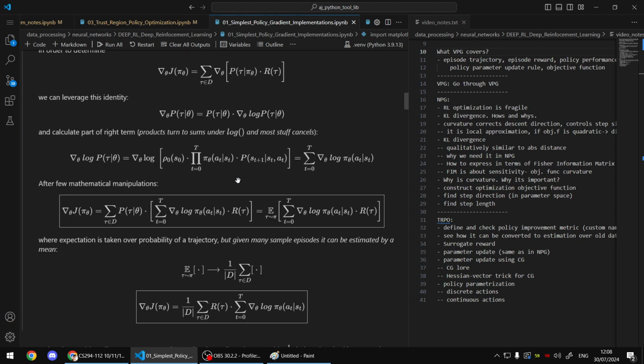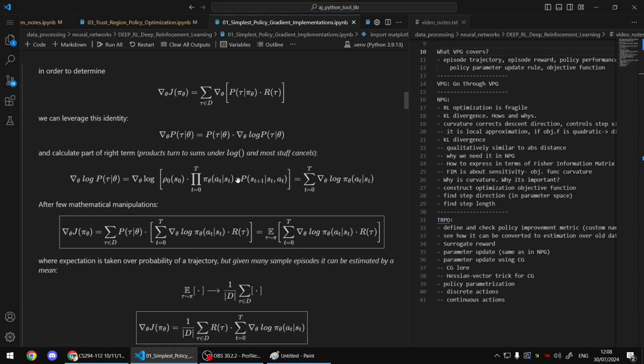It was the main motivation for introducing the natural policy gradient: it is dangerous to overshoot in parameter space using gradient ascent.